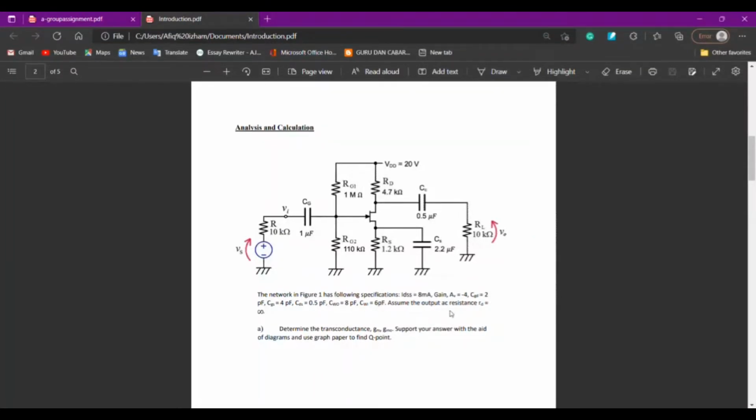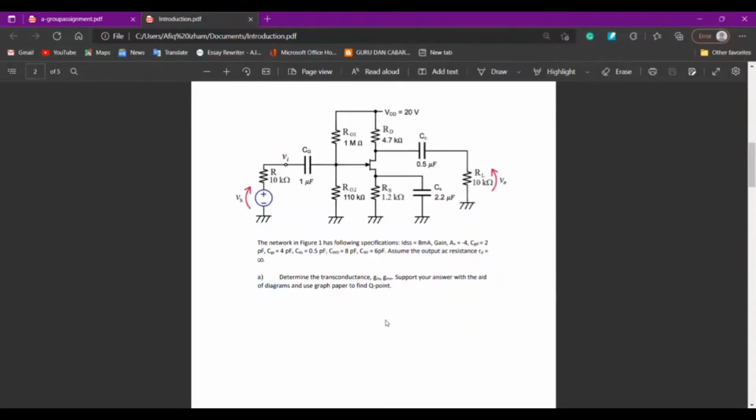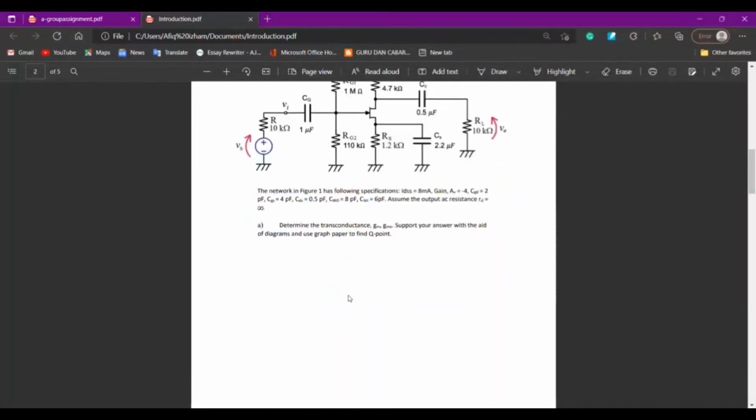Assume the output resistance RD is equal to infinity. So for question A, determine the transconductance GM and GM0. Support your answer with the aid of diagram and use graph paper to find Q point.